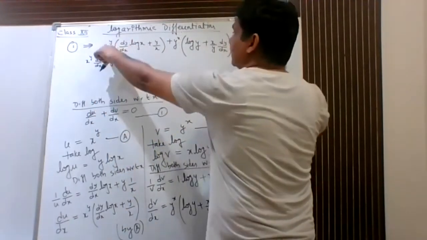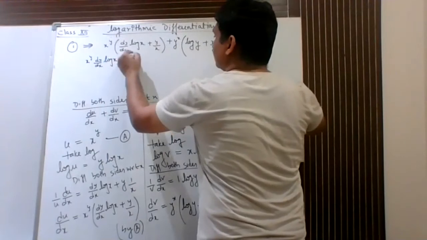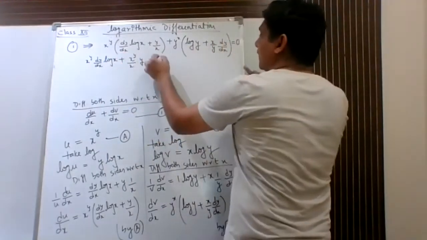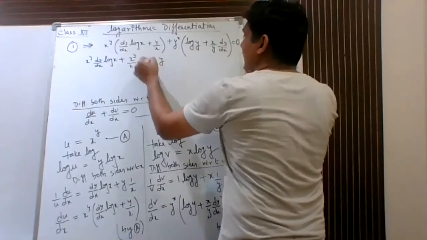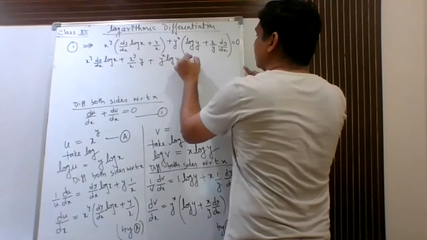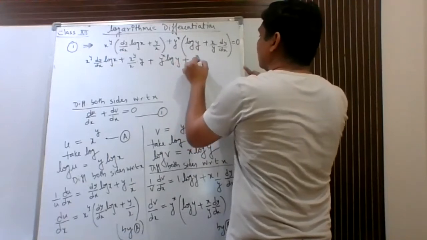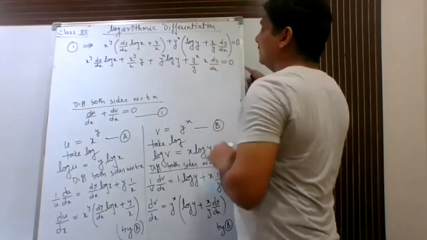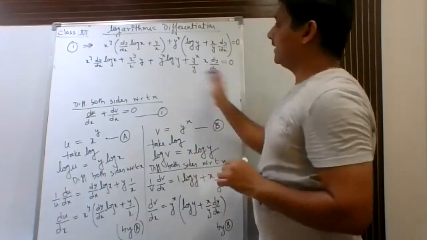I am multiplying this x to the power y inside. And here also I am multiplying this y to the power x. So you can see that this is what you will get.